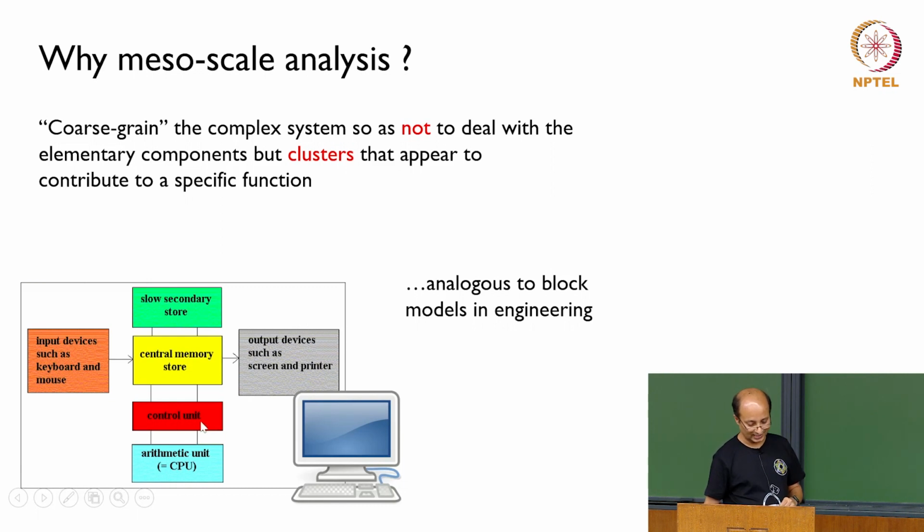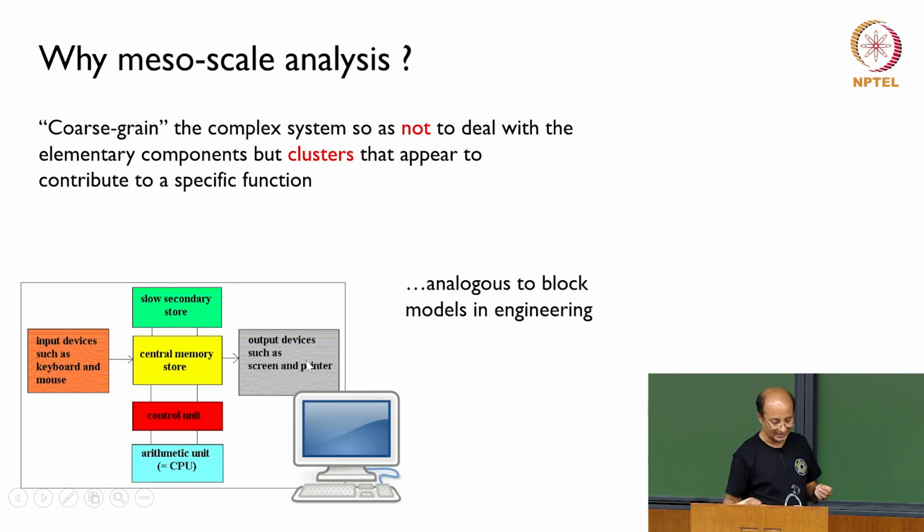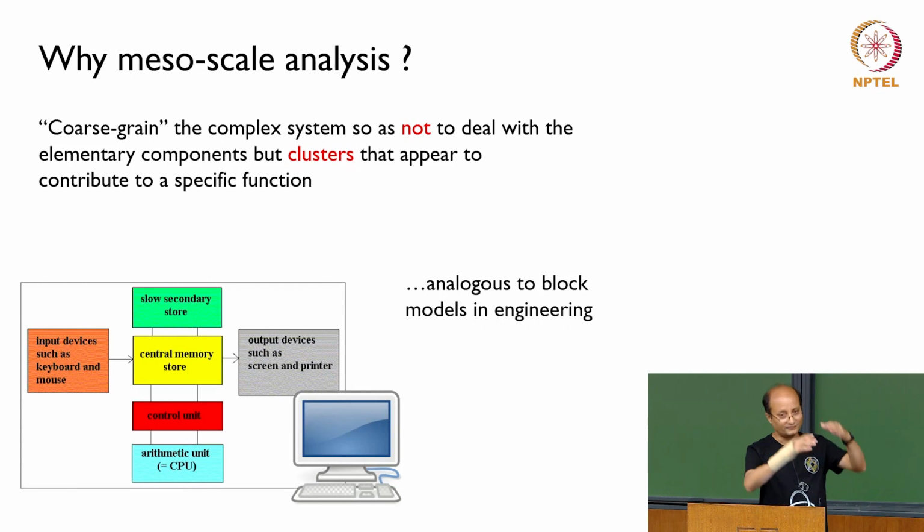So you have, let's say, a central memory store, a secondary storage which is slower than the central memory store or the ROM, and then a control unit which could be connected with the arithmetic unit, and this constitutes the CPU. Then you would have input devices connected to the main part of the computer, and then output devices which give the response and so on. Each of these blocks in turn you can further subdivide into sub-blocks, and those sub-blocks could be analyzed still further. Finally, you go all the way to transistors and diodes.